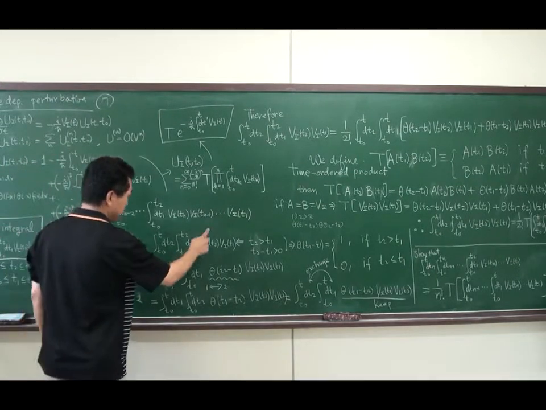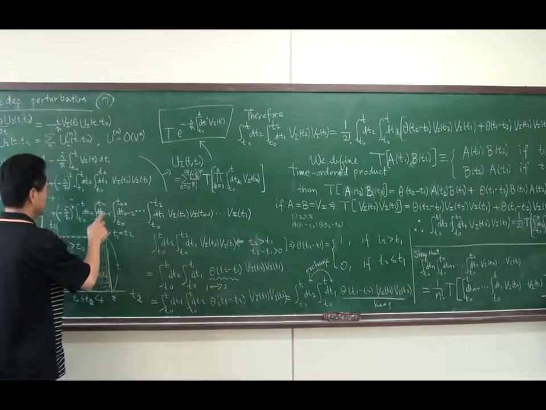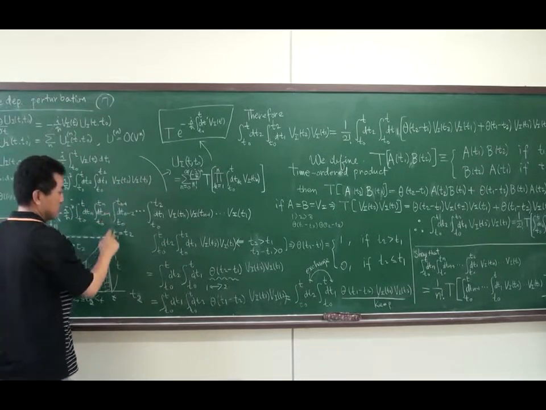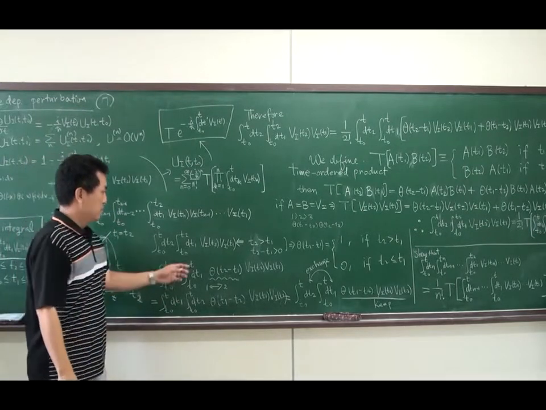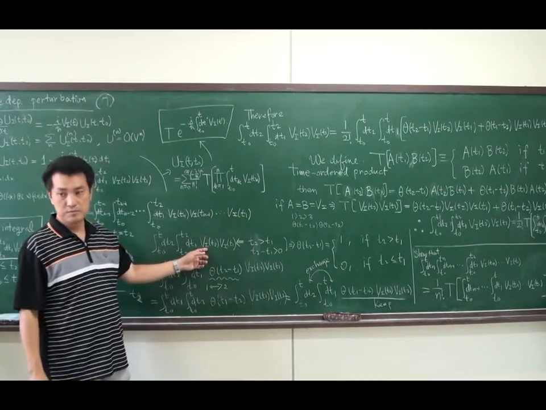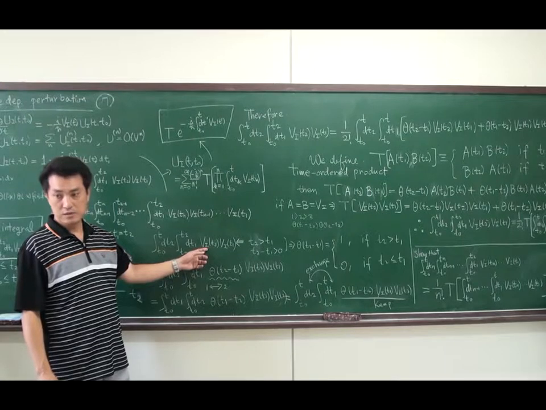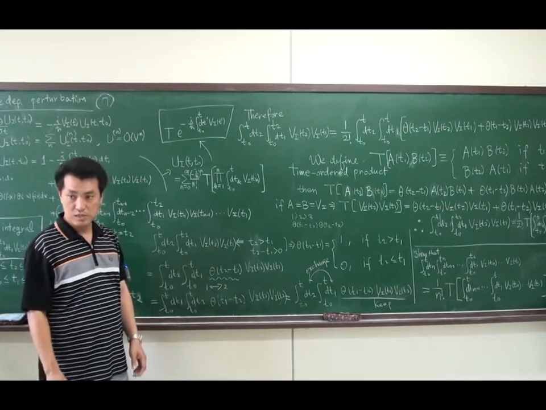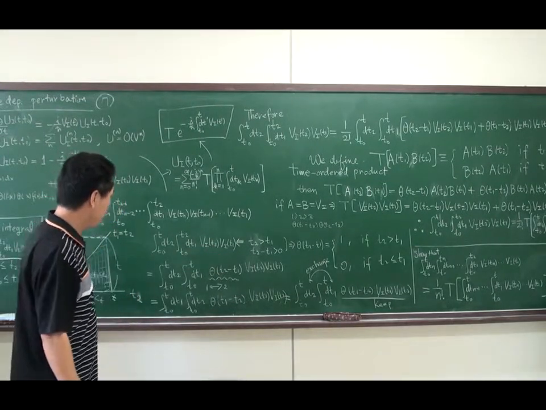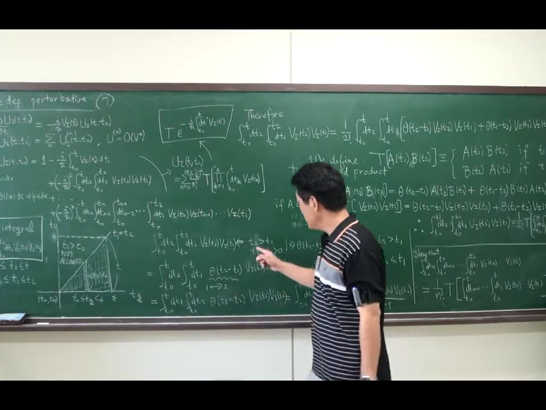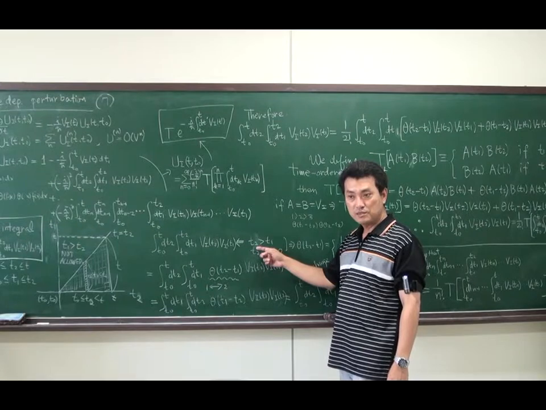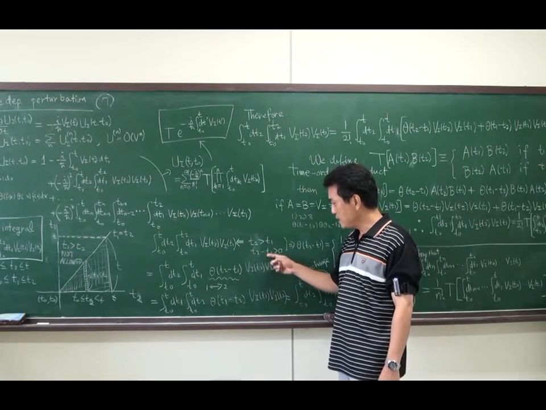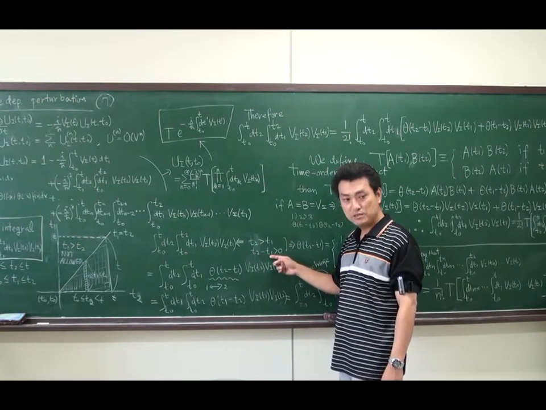And the integrand is V_I(t2) V_I(t1). V is a matrix, so they do not commute in general. Our constraint is that t1 is always less than t2. That means t2 minus t1 is greater than 0.